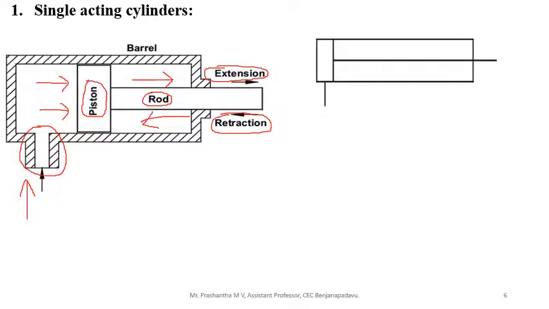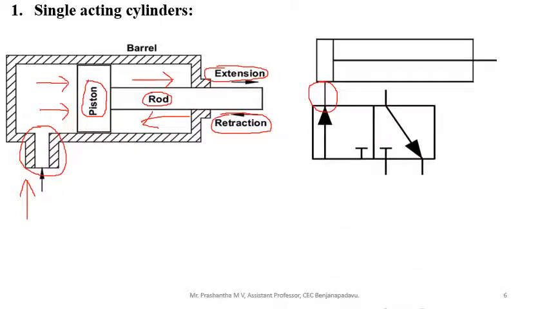This is a symbolic representation of a single acting cylinder. Only one port is provided, through which the fluid inlet and outlet happen. Look at the valve connection. This is the pump; the pump output connects to the valve, and through the valve the fluid connects to the actuator.